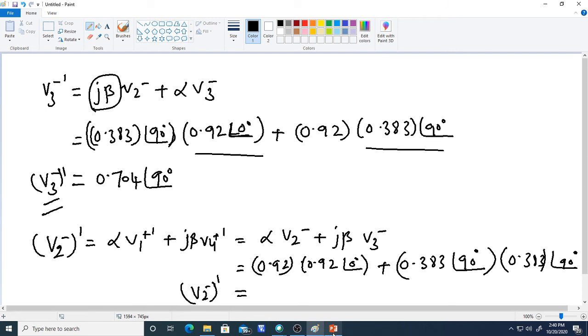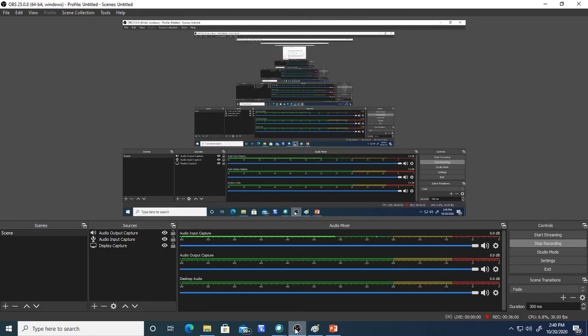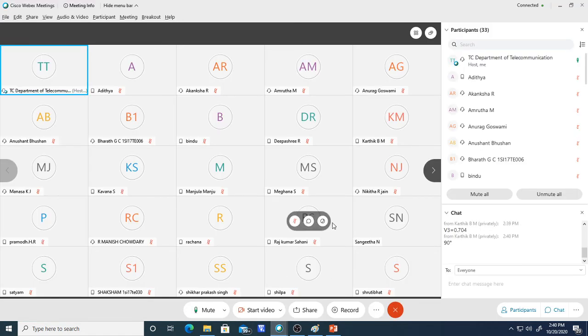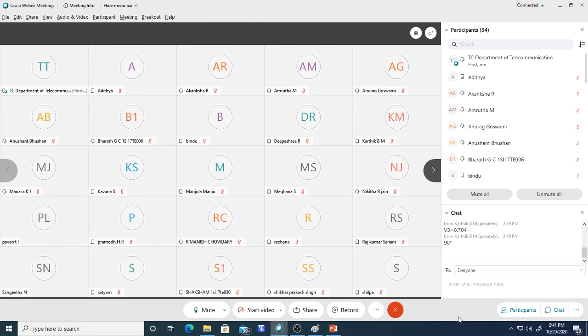What is V2 minus dash? Manasa, you have calculated V2 minus dash.